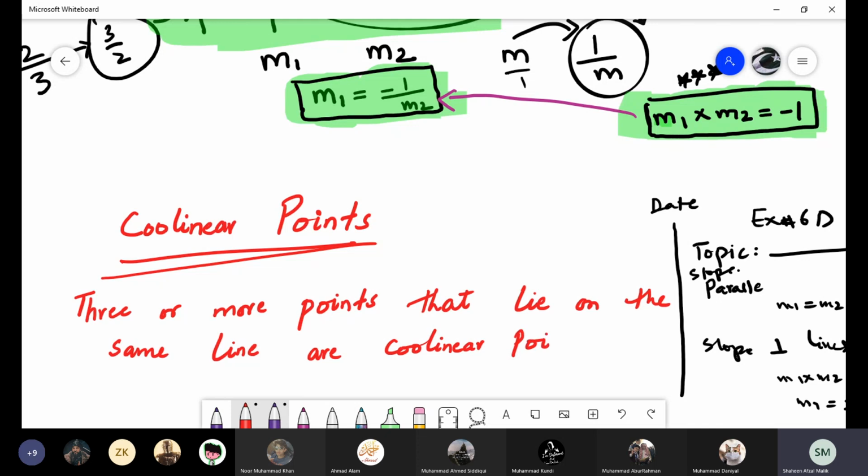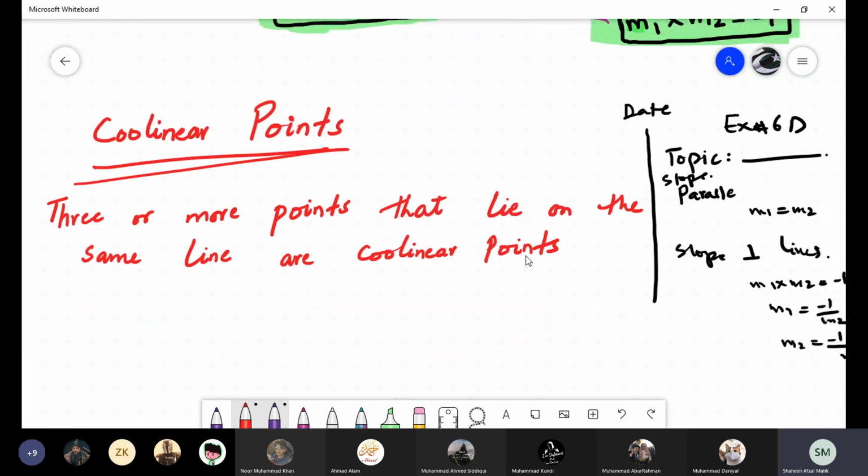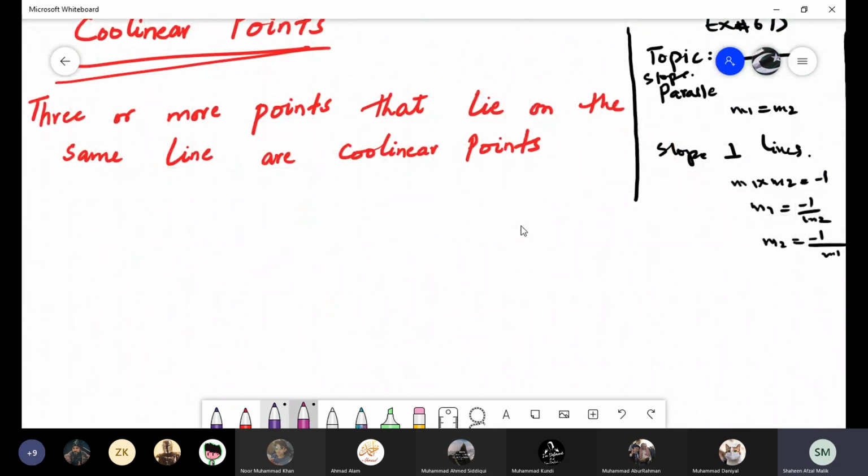And what is the example? I can tell you how you can say that these points are collinear points. If you have a line, any line, like we have this line, and there are a total of 3 points, one point, second point, and the third point. So if these points are point A, point B, and point C, you can see that all these 3 points are on the same straight line. They are on the same line. So we can say that points A, B, and C are collinear points.